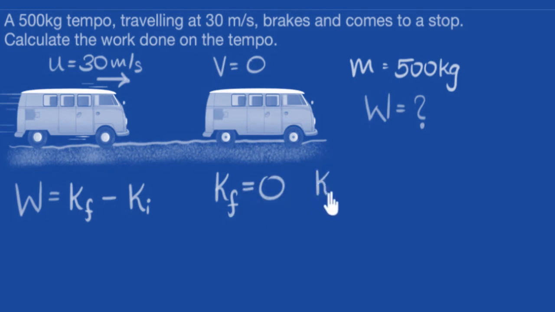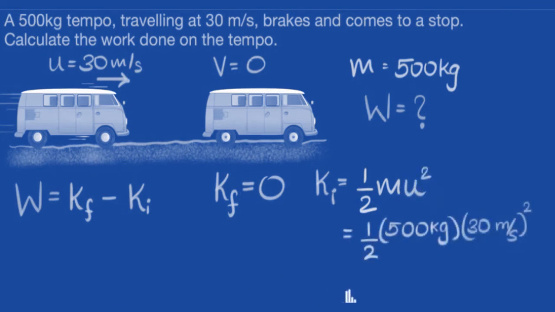What is the initial kinetic energy? Again, it's half times mass times the initial velocity squared. If we substitute and simplify, we get 225,000 joules. You can check the calculation yourself.